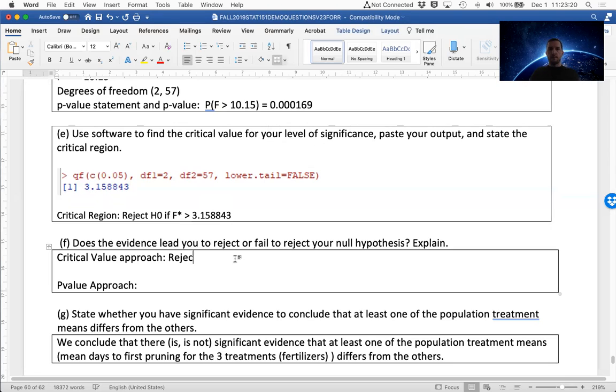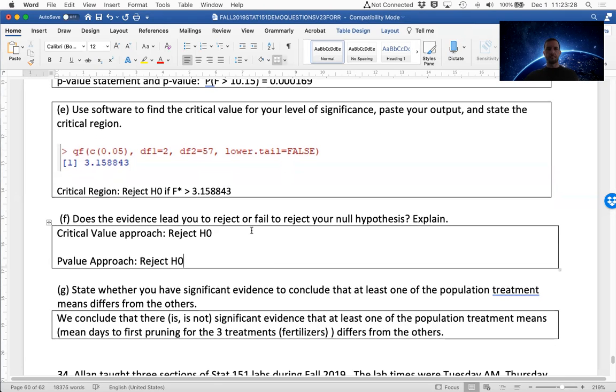Okay, and then based off both approaches, we would reject. Based off the p-value approach, we would reject for the usual reasons. Okay, so since the test statistic is in the rejection region, reject H0, since the p-value is less than alpha.